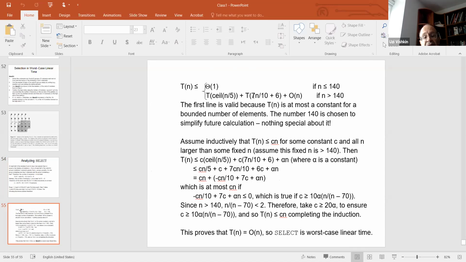I hope it will be clear. Because remember that I'm making here a simplifying assumption that the slides do not make, that n is divisible by 5. Okay, so this is going to make my life easy. And how to overcome the case where n is not divisible by 5, this is exactly what the slides handle.